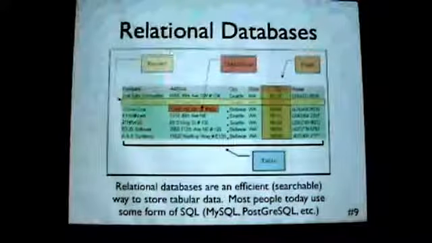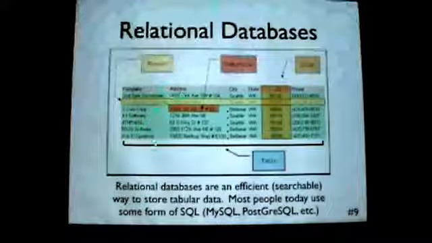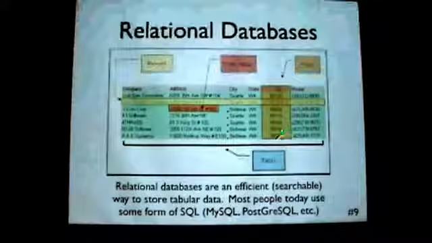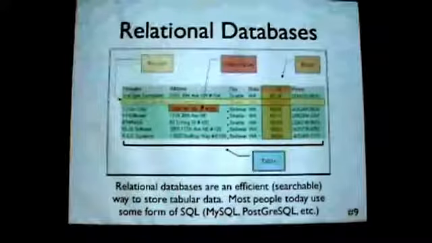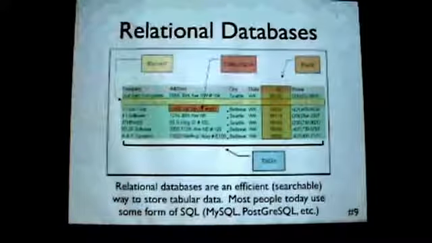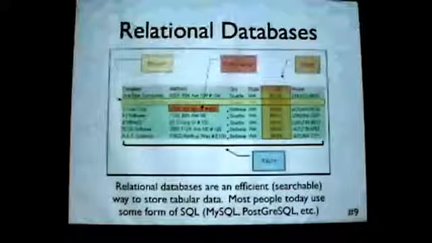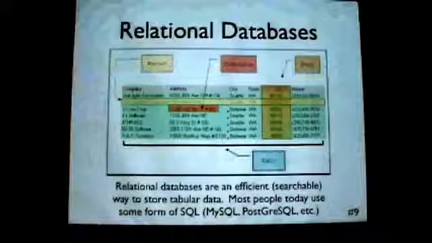So the standard example of a relational database is an address book: company, address, city, state, zip code, phone number, all of that. And these structured query languages allow you to store information in these databases, which can be very large, and retrieve it in a relatively efficient manner.